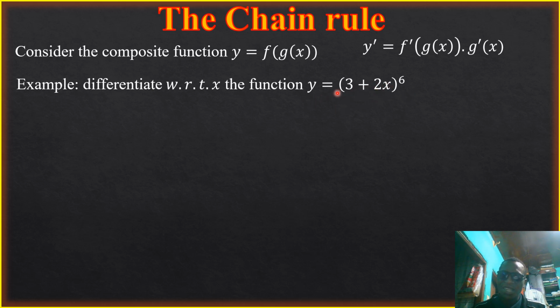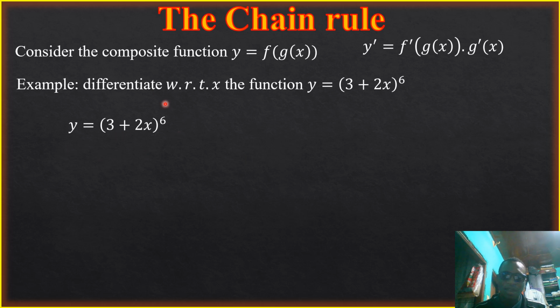You see that this is like a power function. So it means there is a function inside this power function. Let's first of all follow the steps. We will call the function that is inside u, according to the chain rule.